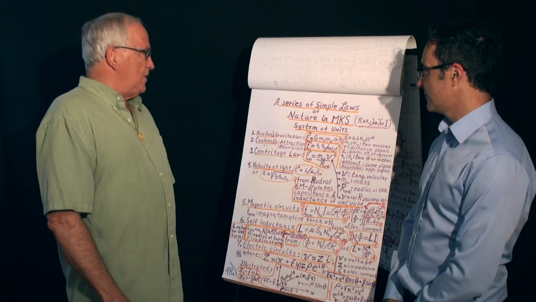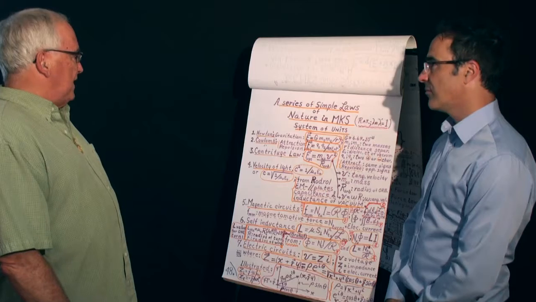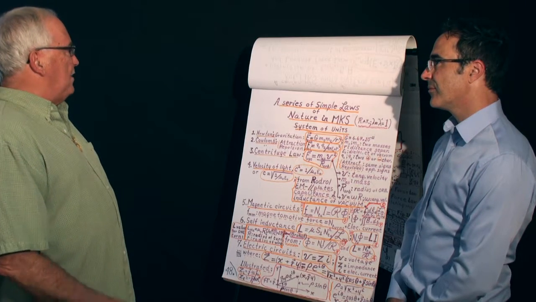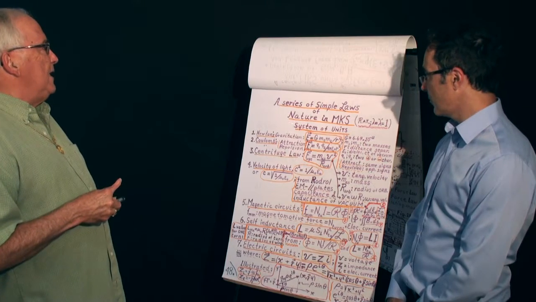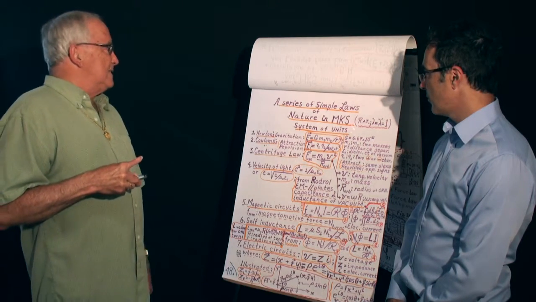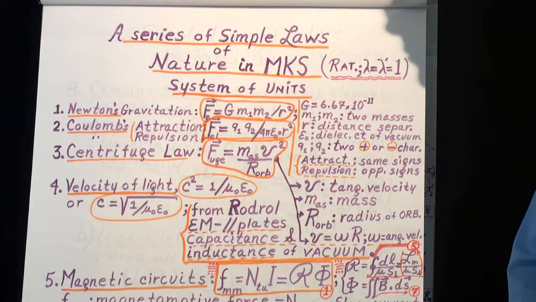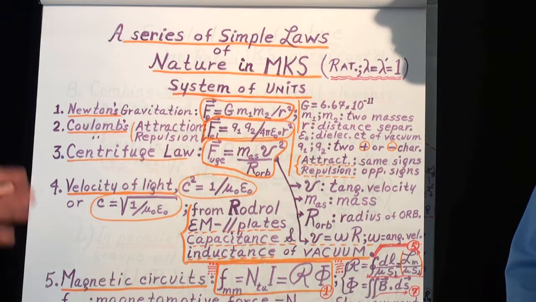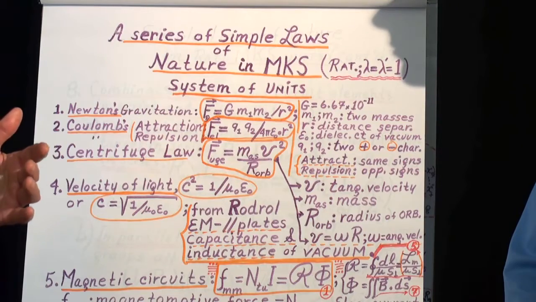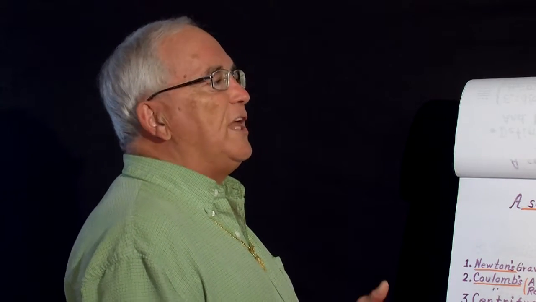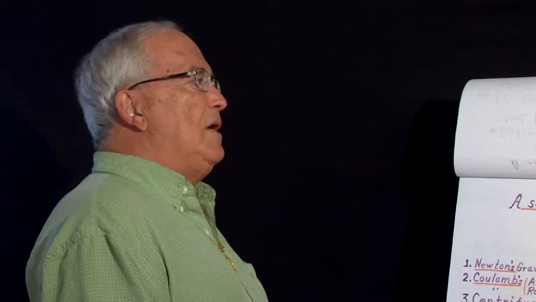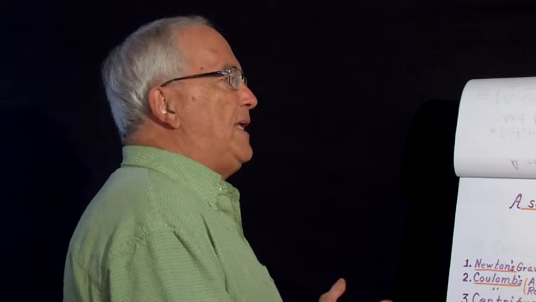And now I'm going to give some explanation about simple laws of nature, in the MKS system of units. These are rather simple equations. Some of them have been seen by a lot of people who studied high school physics, for instance, but some of them I've never seen by these people.